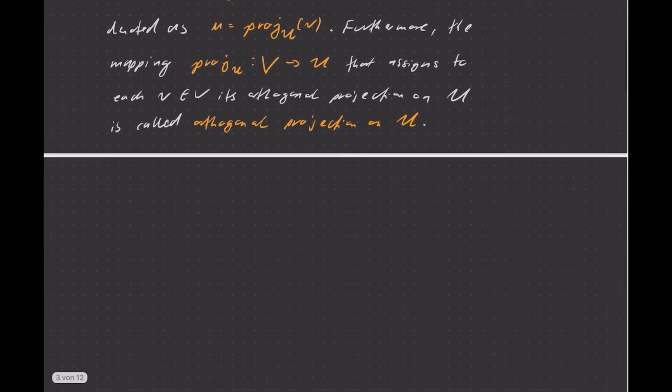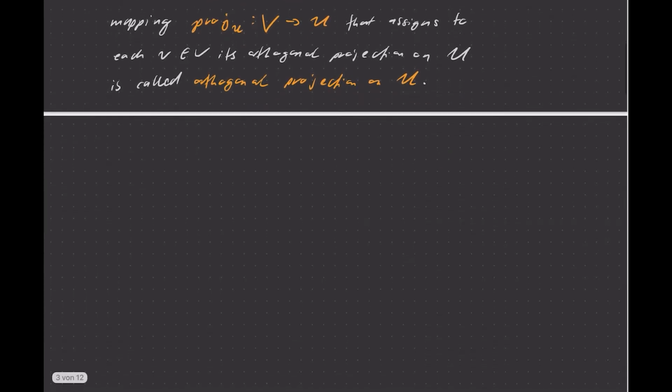Now, let's see in a quick sketch what is happening here. Let's say we are in the two-dimensional space R2. We have a vector.